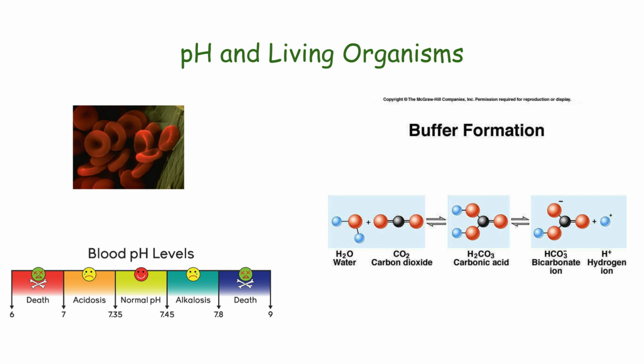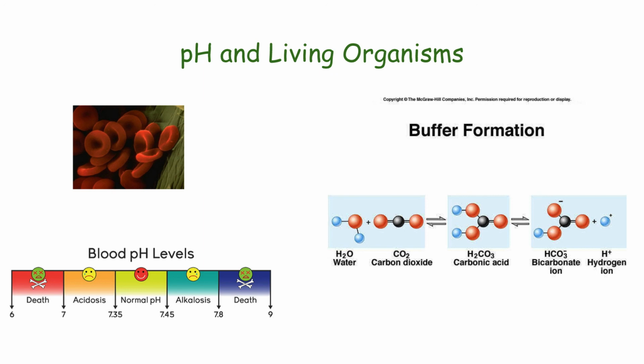If your blood gets too acidic, the extra hydrogens are converted into carbonic acid, which increases the pH of your blood a little bit, taking some of those hydrogens out of the solution. If it gets too basic, your body will convert the carbonic acid into bicarbonate, releasing some of those H pluses.